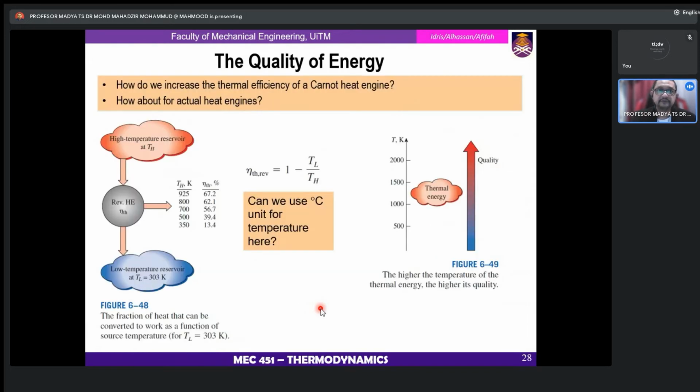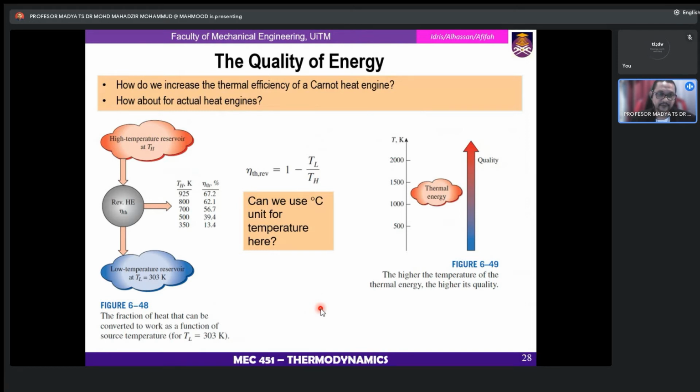Next, we continue to the quality of energy. This is theoretical knowledge that you have to know. The question I ask is: how do we increase the thermal efficiency of the Carnot heat engine? And how about actual heat engines?